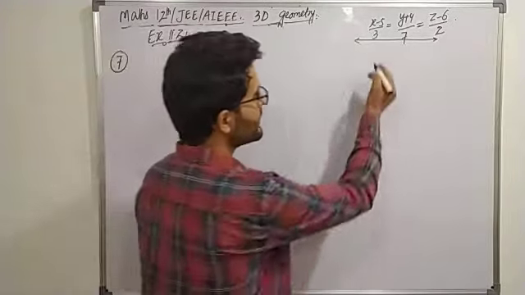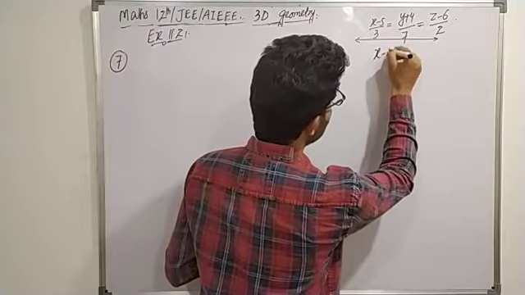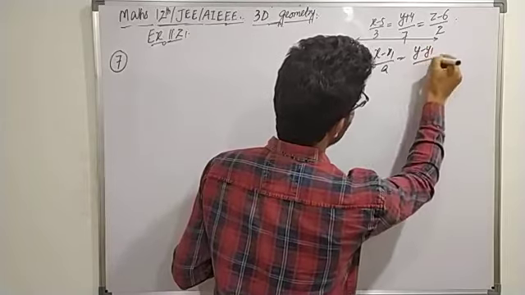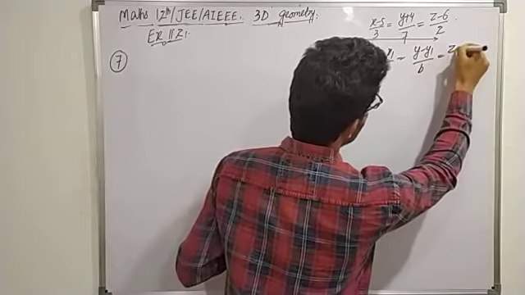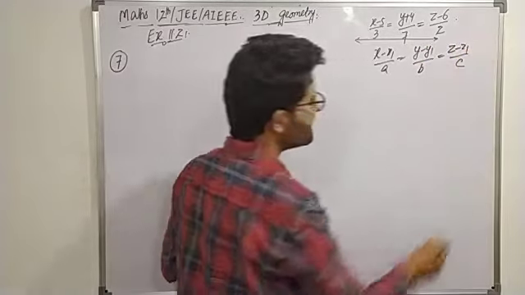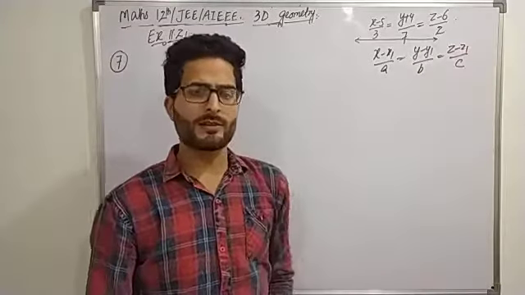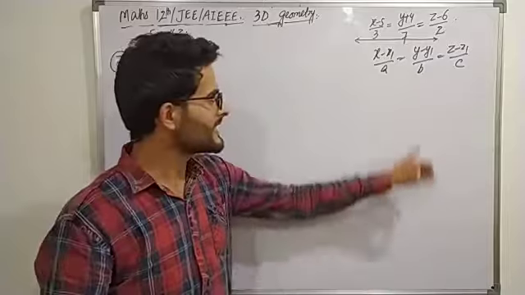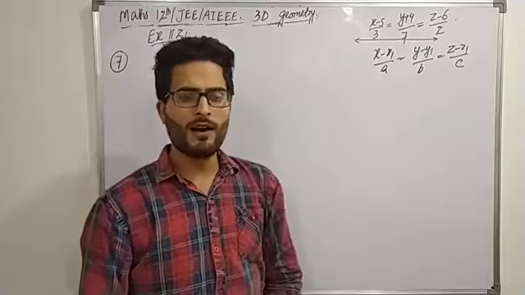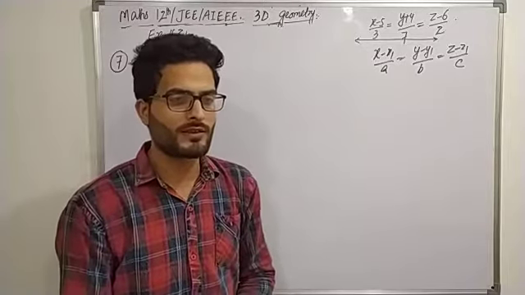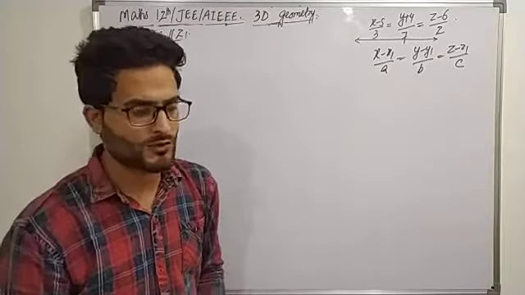Since this equation is of the form x minus x1 divided by a is equal to y minus y1 divided by b, and that's equal to z minus z1 divided by c, where x1, y1, z1 are the coordinates of the given point through which the line passes, and a, b, c are the direction ratios of the vector which is parallel to the line.